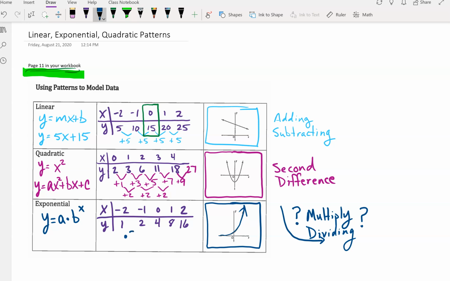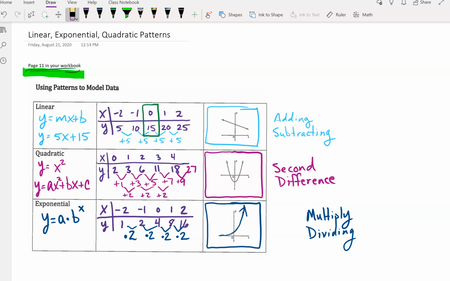So 1 times 2 is going to give us that 2 right there. And then look at this. 2 times 2 will give us 4. 4 times 2 will give us 8. 8 times 2 will give us 16. And so in fact, our pattern, it's not a question anymore. Our pattern is multiplying and dividing.